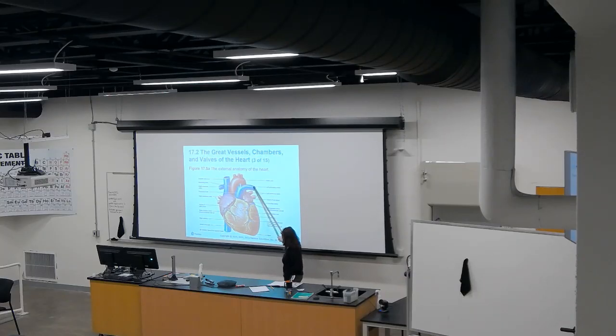And this is the one that subdivides into the left and the right pulmonary arteries. Once the blood gets oxygenated, it will return into the left atrium by these two left and two right pulmonary veins.